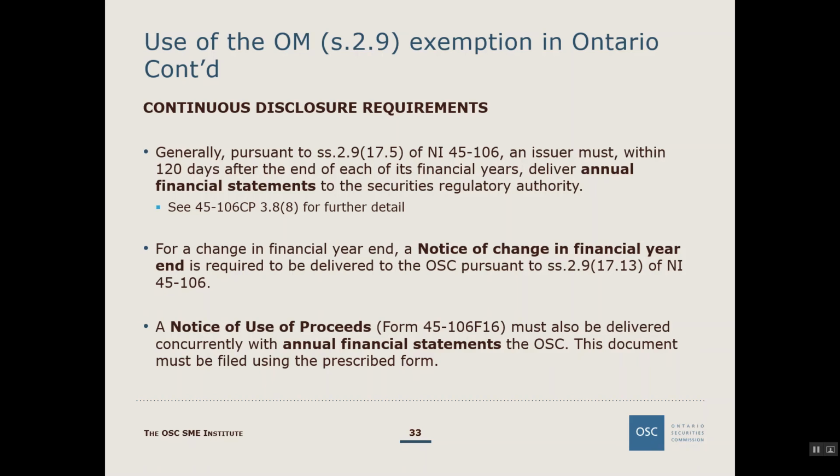Issuers should review Section 2.9 of NI 45-106 for complete information about the deadlines pertaining to the filing of annual financial statements. Additionally, a Notice of Use of Proceeds, Form 45-106 F16, is required. This can be found in the Exempt Market webpage under the Forms and Filing Requirements heading.